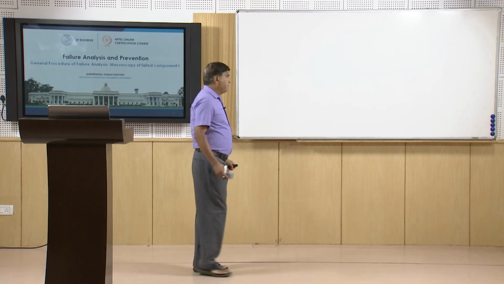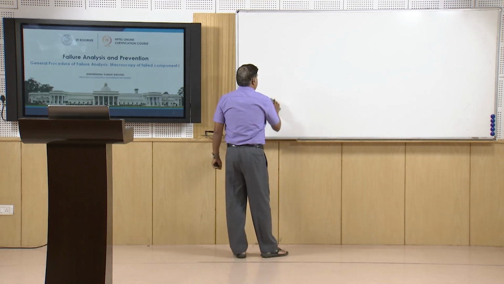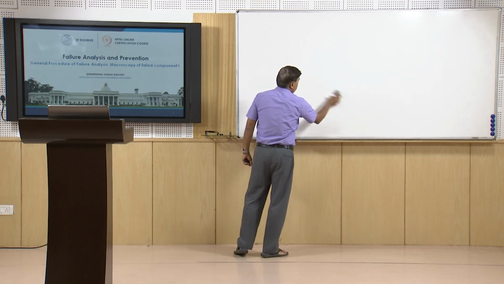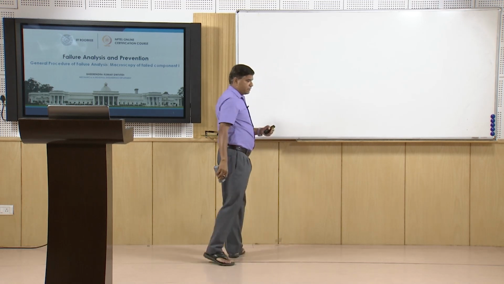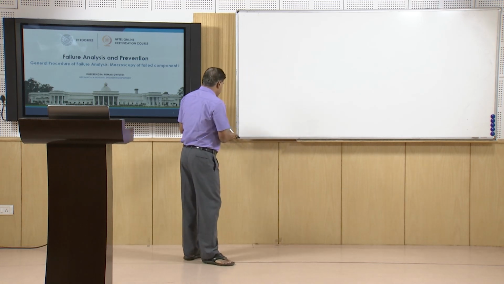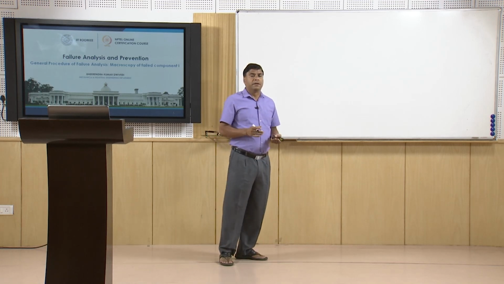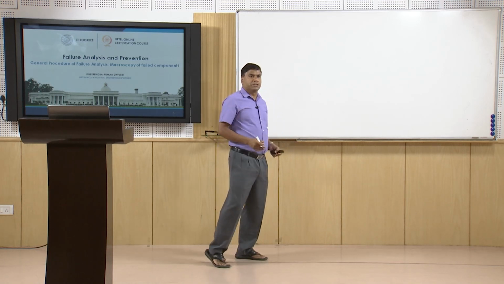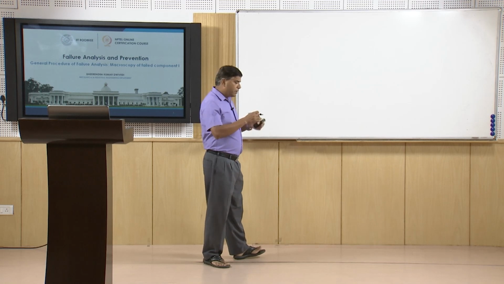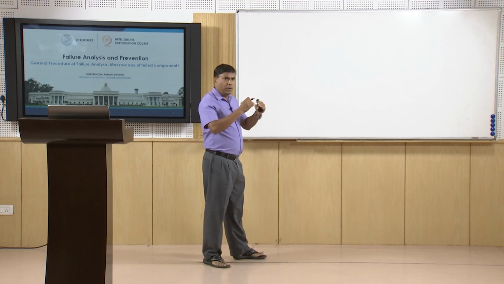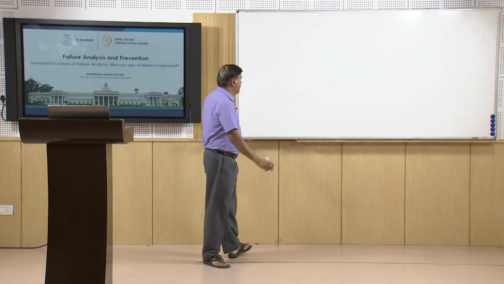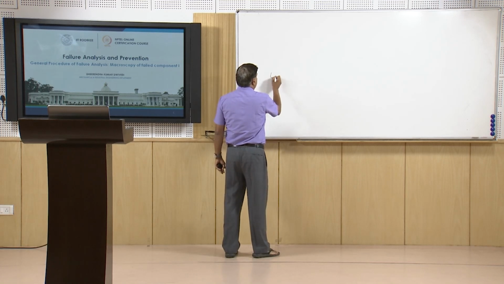Now, if you have to make useful observations and inferences after observing the failed component, say by visual examination or macroscopic observations, or microscopic observations, then what observations can we make with regard to the loading conditions.